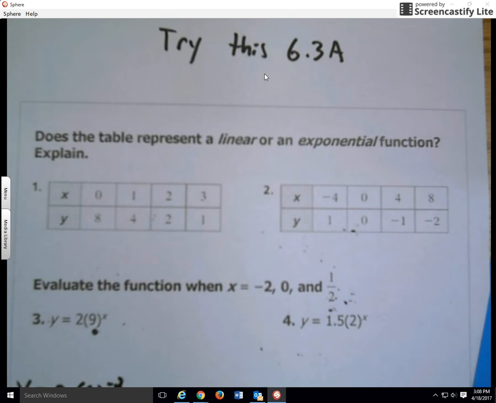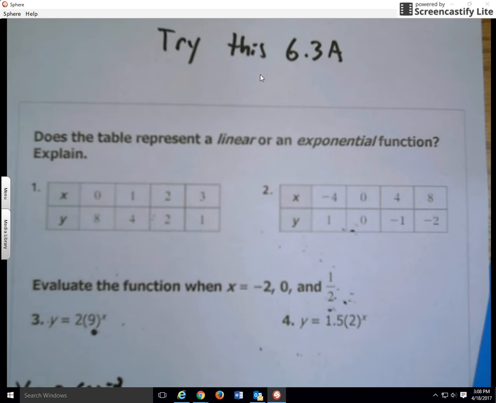So again, we have to remember that when anything's a negative power, it goes to the reciprocal. So it would be y equals 2, and the reciprocal would be 1 over 9 squared, or 1 over 9 times 9, which would be 81.